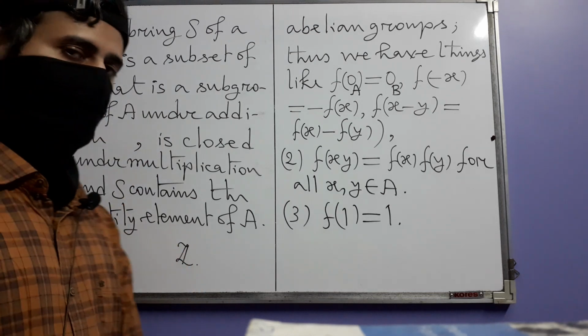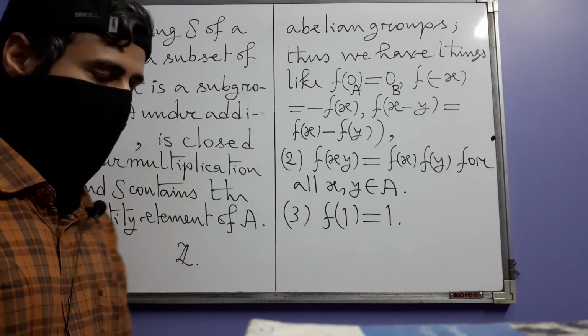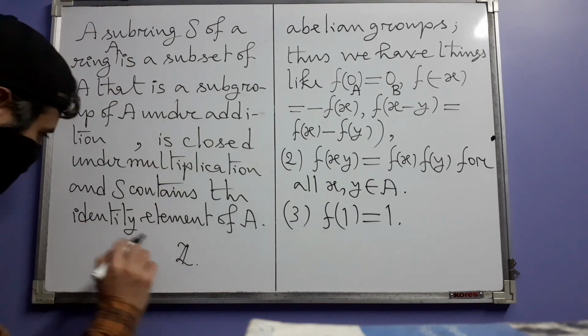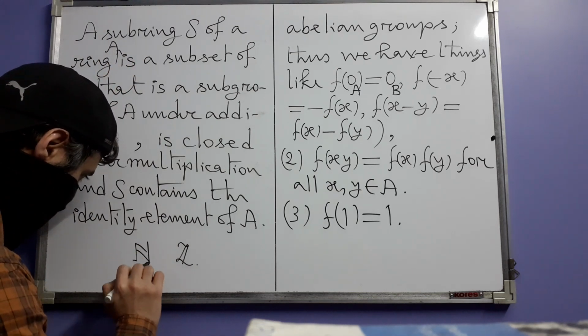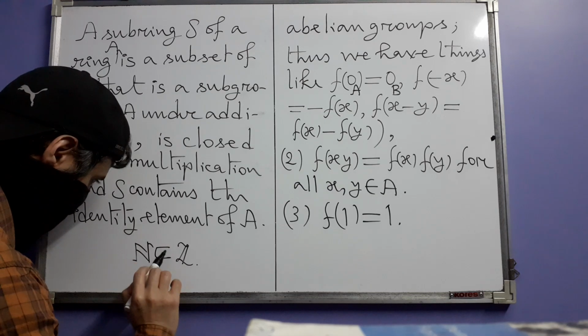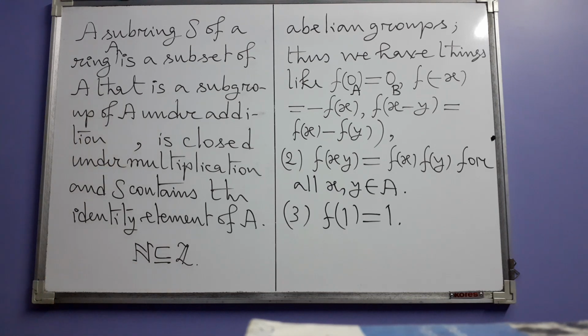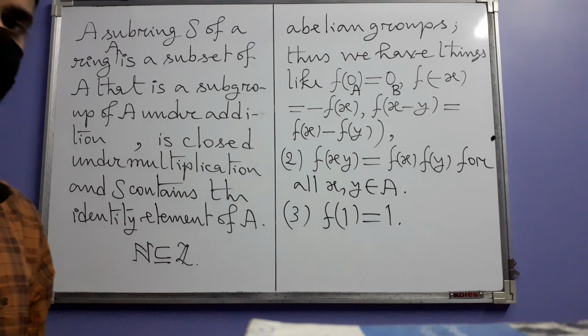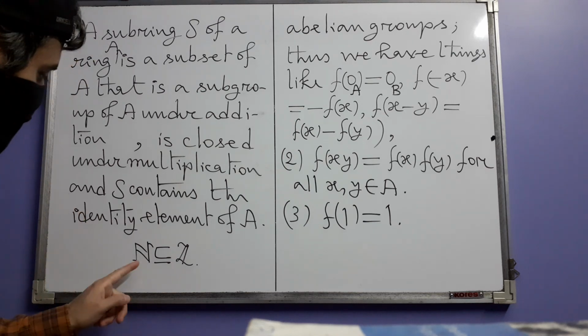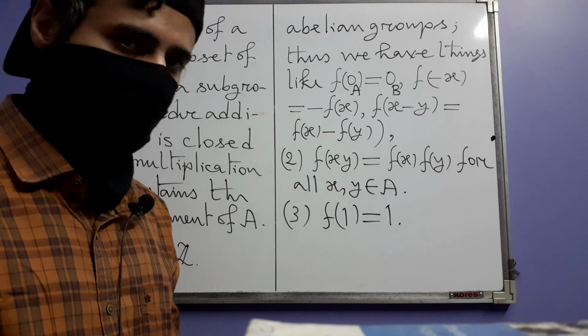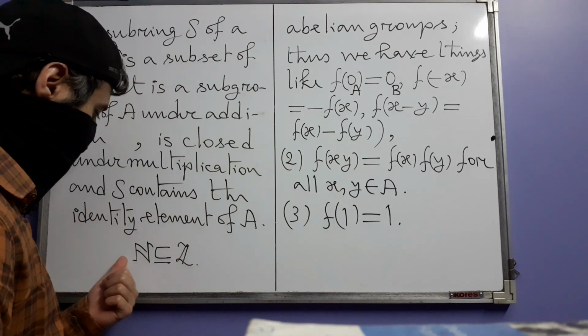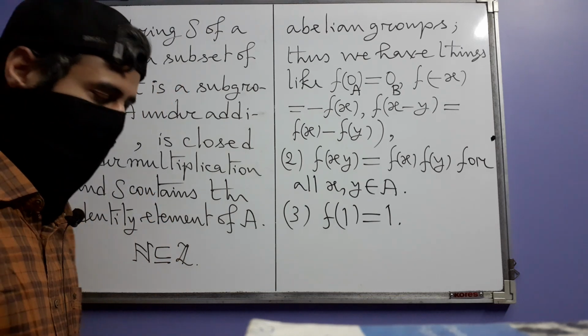Let's consider the ring of integers, right? Now, in the ring of integers, you have the subset of natural numbers. Whether you want to call the set of positive integers the set of natural numbers, or you want to include 0 in N, it does not matter.